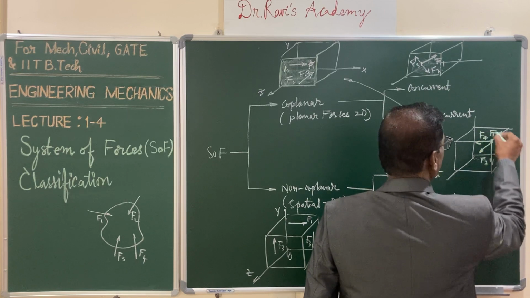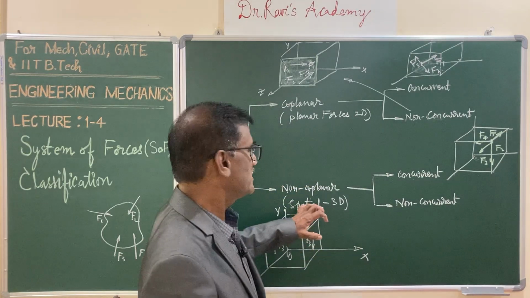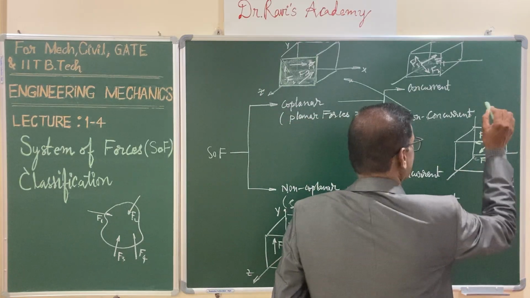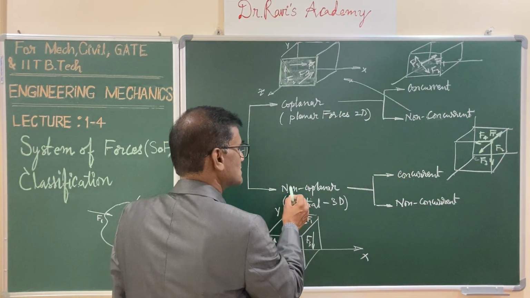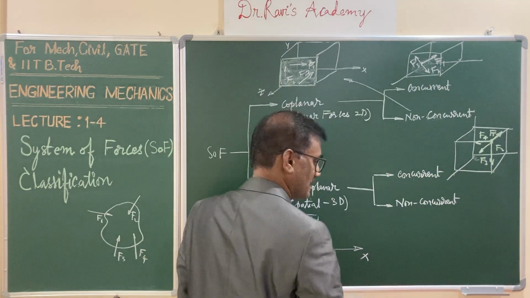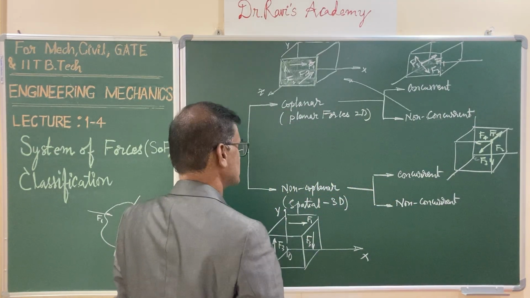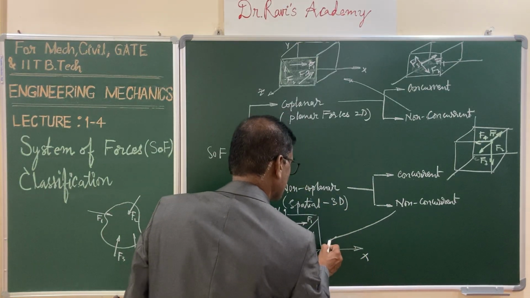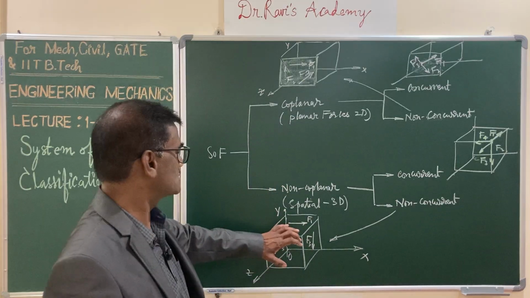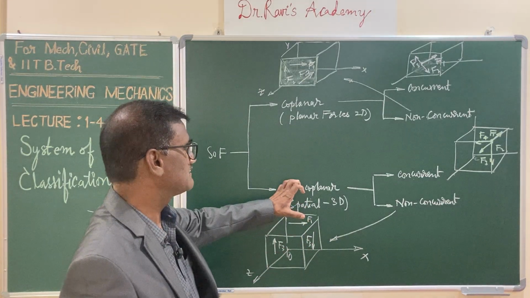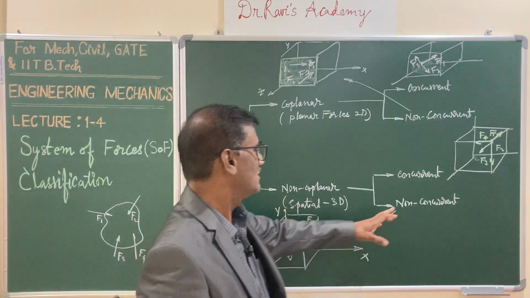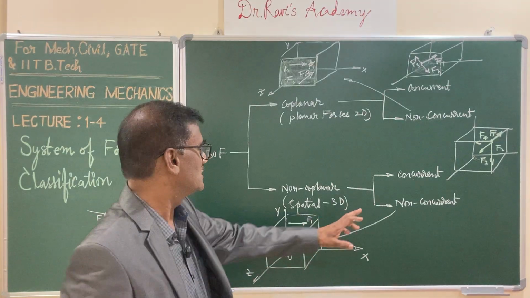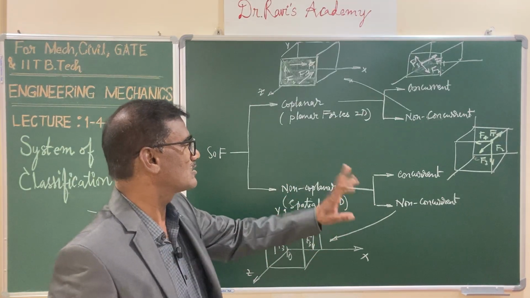All four forces are 3D or spatial forces, but all are meeting at a point. So that constitutes non-coplanar concurrent forces. Whereas for non-coplanar non-concurrent, this is the general figure. All the forces are lying in three-dimensional space, so it's non-coplanar, and all the forces are not acting through a single point, which constitutes non-coplanar, non-concurrent forces.